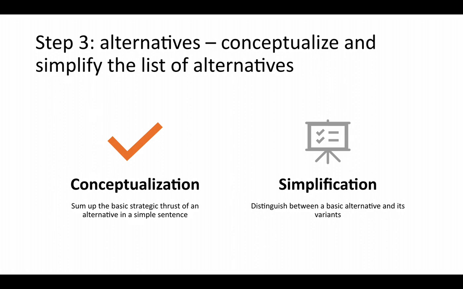Then you distinguish the basic alternative and its variants. Why do you want to do this? Because that will give you a clear idea of what is the core or the basic alternative.